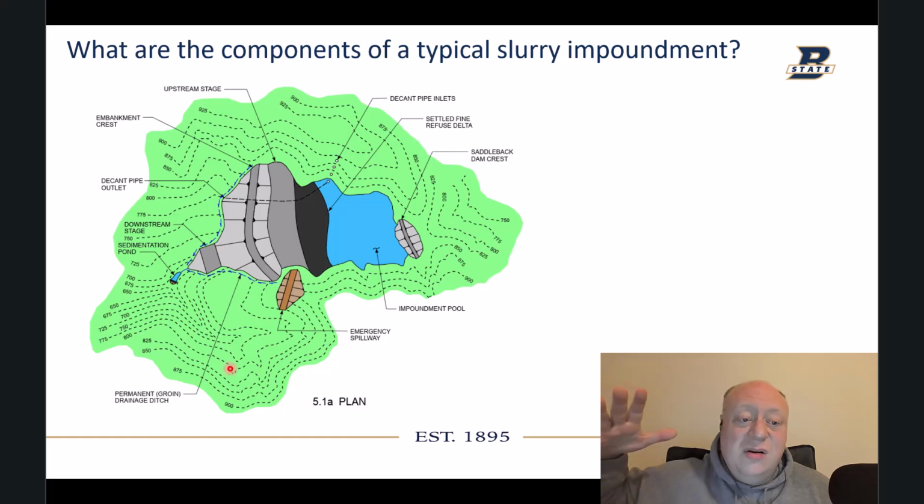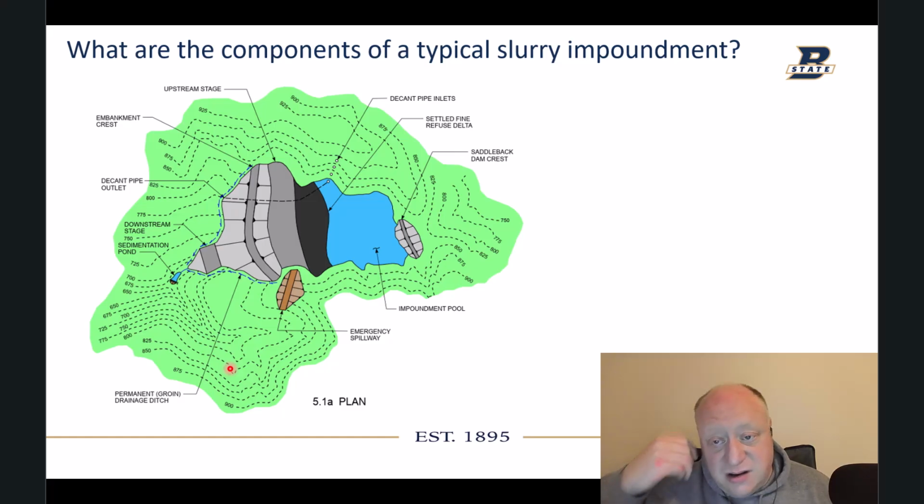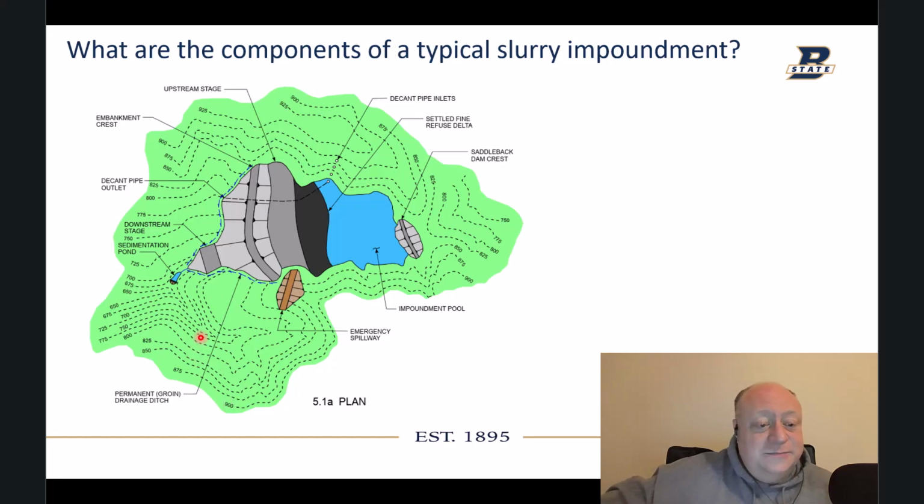So, what are the components of a typical slurry impoundment? In this case, if we start all the way out at the toe, you have a sediment pond here, right? You also have groin ditches or drainage ditches here along the sides. Sometimes you may also have a center drain as well.